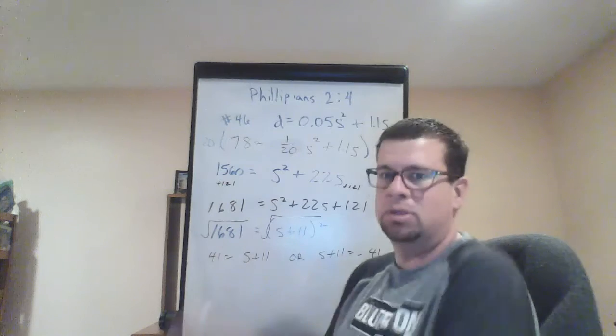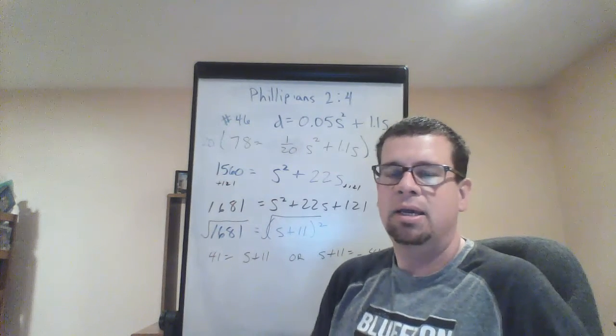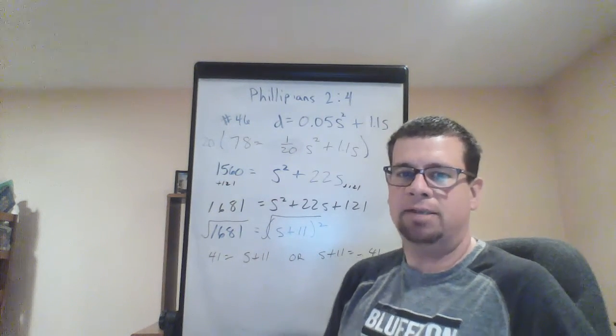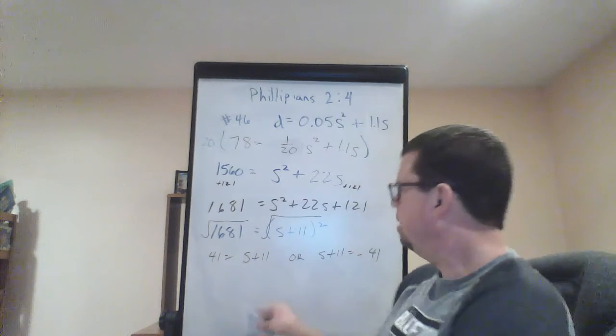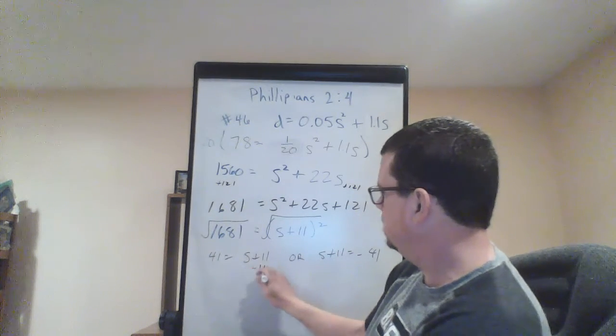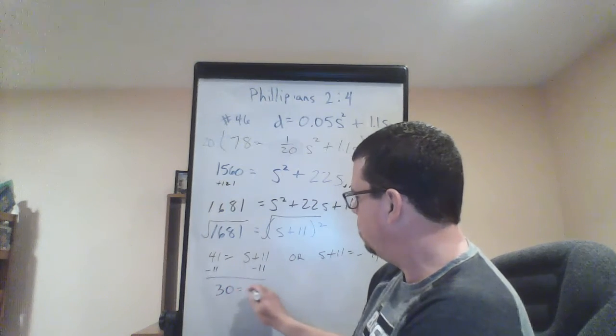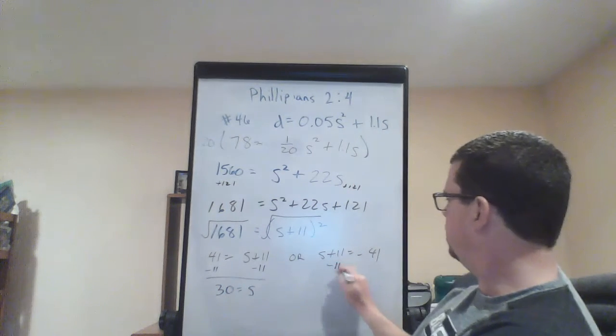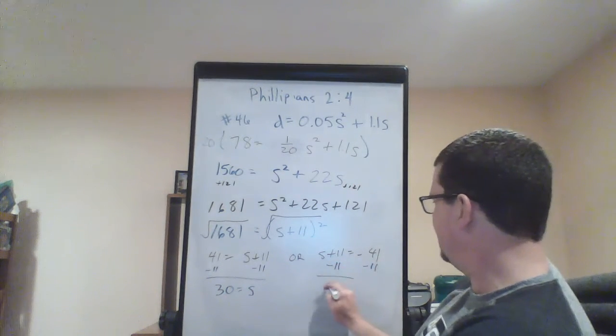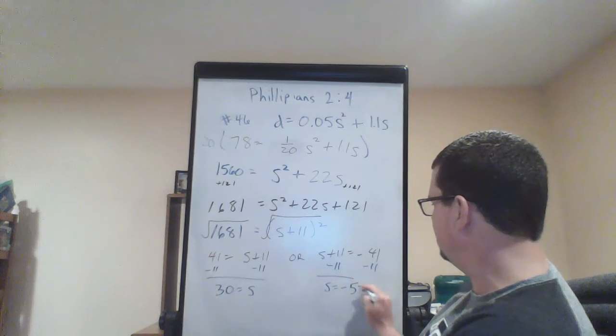When you're using the square root to solve a quadratic, you have to have both the positive and negative root. But now I can solve these one-step equations. I take away 11, and I get s equals 30. And over here, I take away 11, I get s equals negative 52.